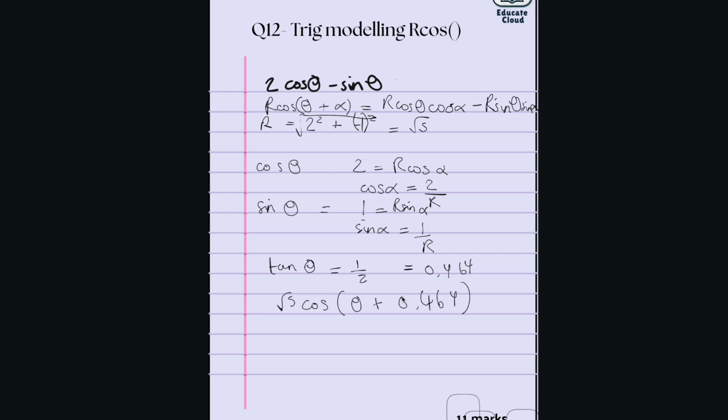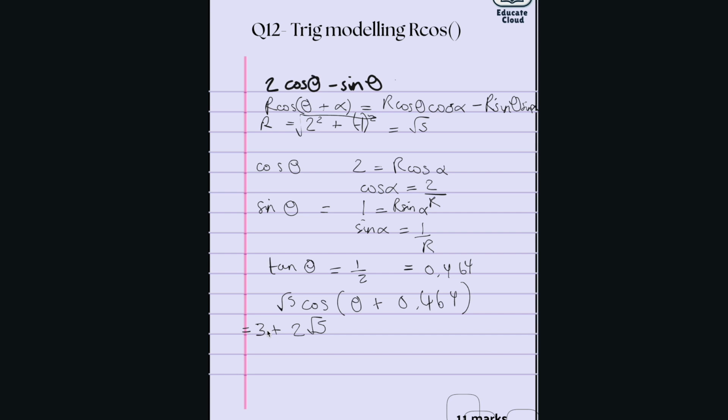So if we set the max of the cos to 1, then we can find our answer. The max would just be 3 plus 2 root 5.